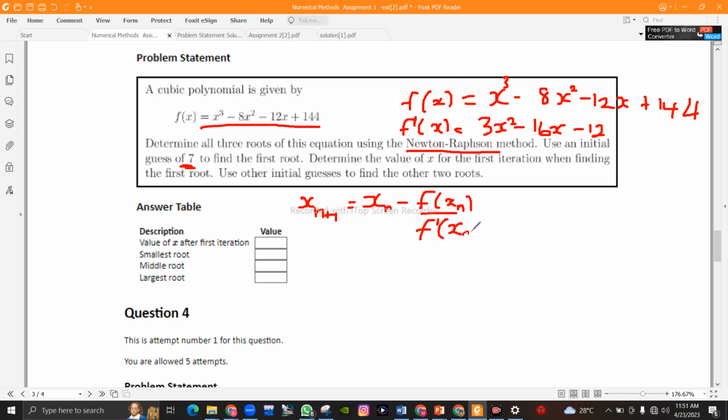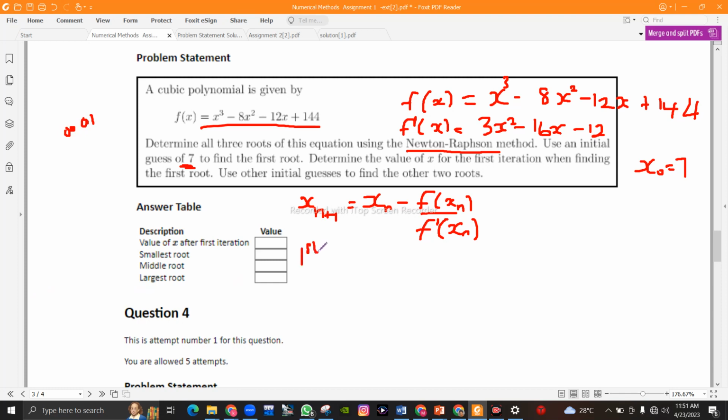So that's our function. And we're given the initial value x0 to be equal to 7. So we have to find the other roots. To find the other roots, we are not told to use any error, so we just look at when the error is very low, maybe 0.01. So we stop there. Any place the error is low, we assume that is our answer. So let's look at the first iteration.